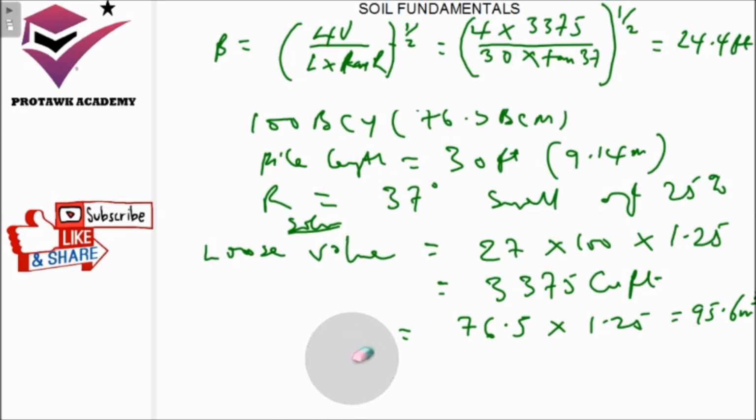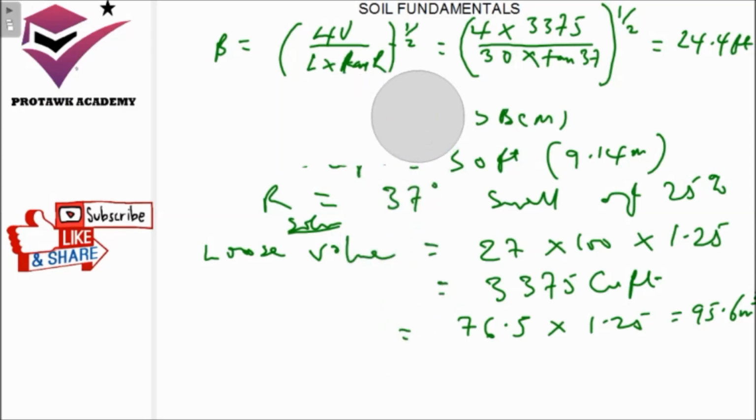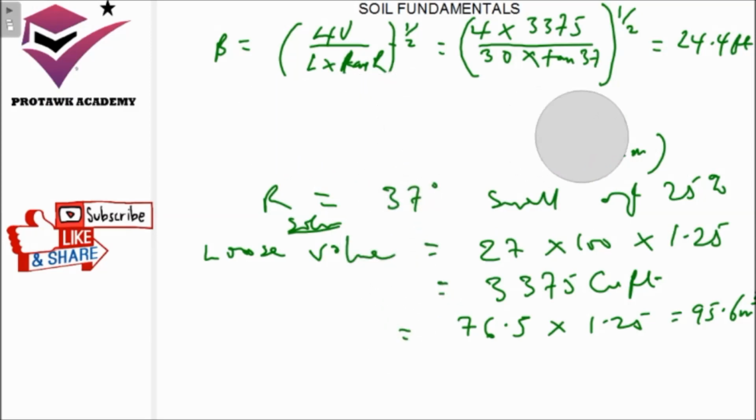When we are doing the same thing in meters, we use the values given to us in meters. Here our B is still equal to, substituting, 4 times the volume we got in meters, 95.6, over the length.